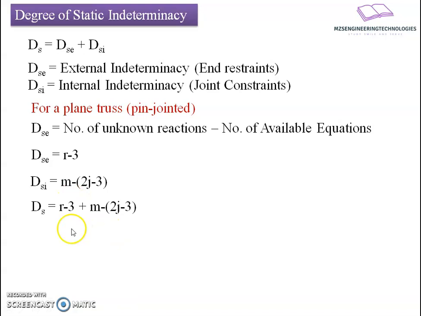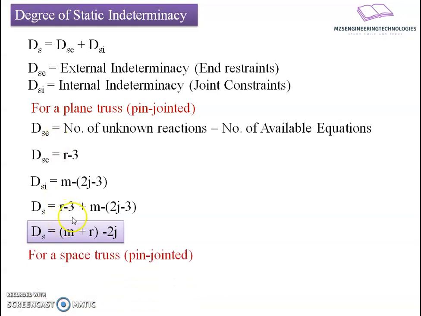If I add these two equations to define the degree of static indeterminacy, we get r minus 3 plus m minus 2j minus 3 in brackets. If we solve it further, what will happen? The minus 3 and plus 3 get cancelled. Taking m plus r commonly, minus 2j, this will be the resultant equation for the degree of static indeterminacy of a plane frame.